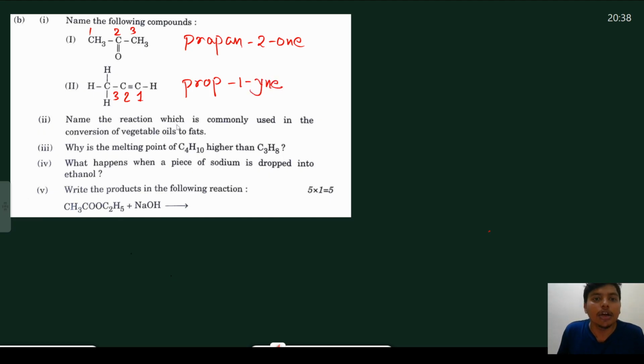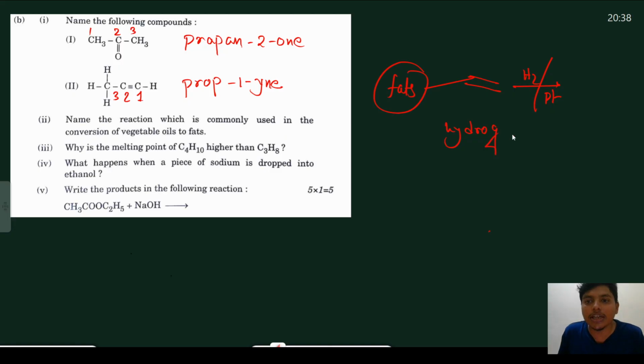Next, name the reaction commonly used in the conversion of vegetable oil and fats. We know that vegetable oil or fats have double bonds, and if you want to reduce them, you have to add hydrogen in the presence of a catalyst like platinum. So it is nothing but the hydrogenation reaction.